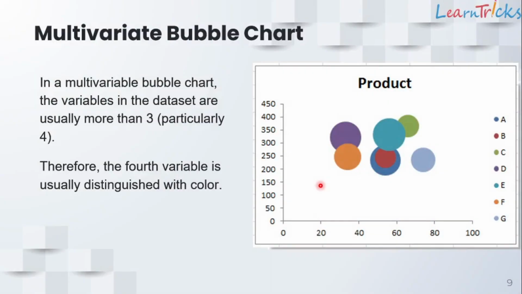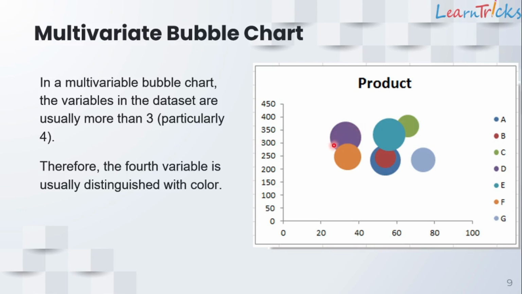The third type of bubble chart is the multivariate bubble chart. In a multivariate bubble chart, the variables in the data set are usually more than 3, particularly 4 or more, and therefore the fourth variable is usually distinguished with color. Basically there were 3 dimensions we were using: x coordinate, y coordinate, and the size of the bubble.